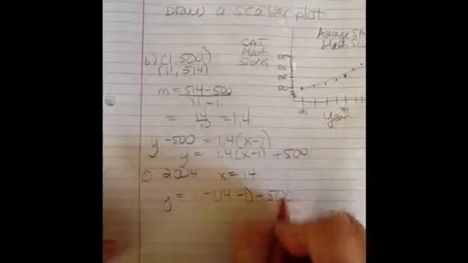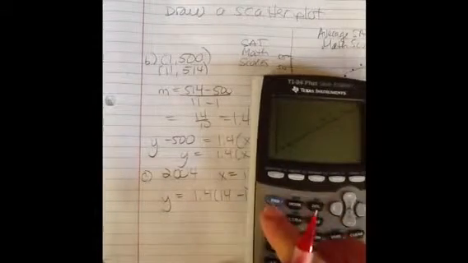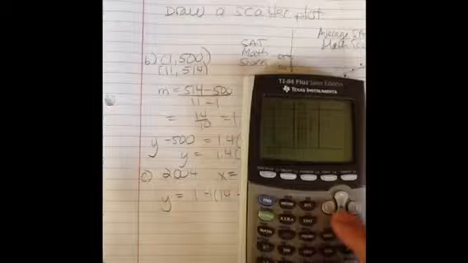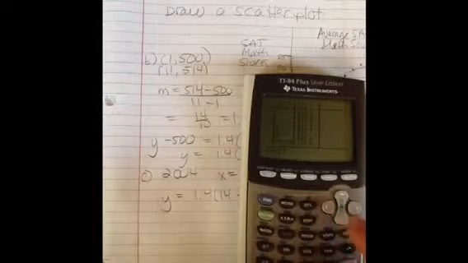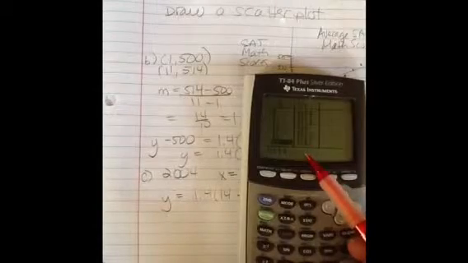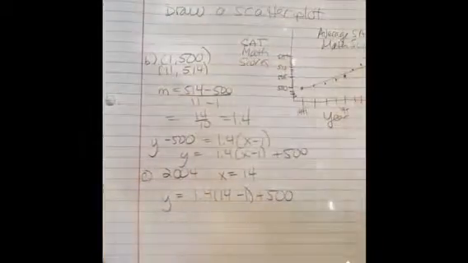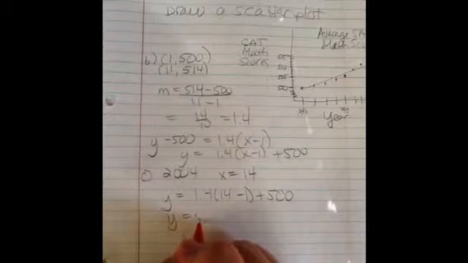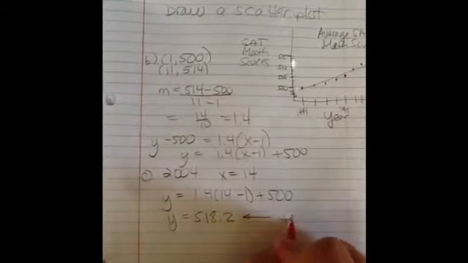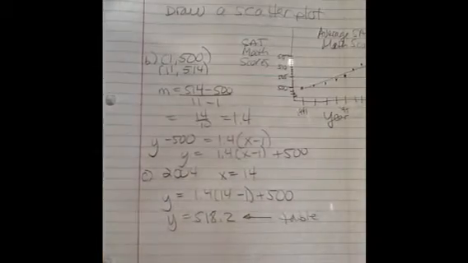Now I could plug it into the equation and plug and chug, or I can go right to my table and look at when X is 14 years and find that my estimated SAT score will be 518.2. So Y equals 518.2. And I got this from the table. That's how you do these problems.